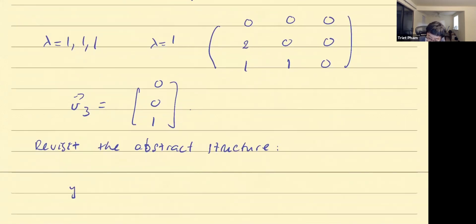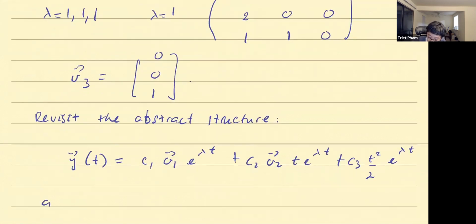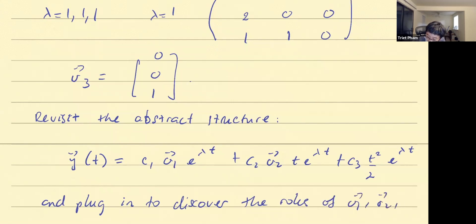This time, like what Nam said, we will do C1 V1 e to lambda t, C2 V2 t e to lambda t, C3 V3 t squared over 2 e to lambda t, and plug in to discover the roles of V1, V2, V3.